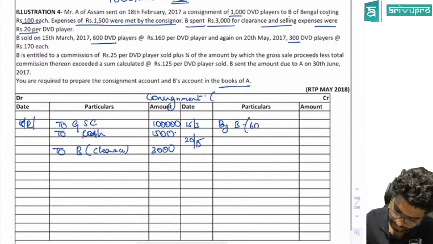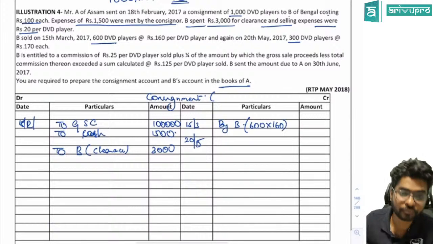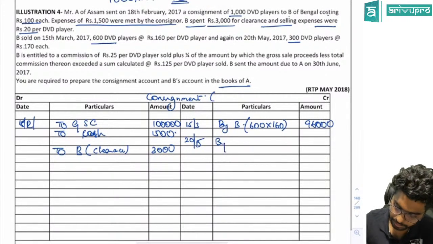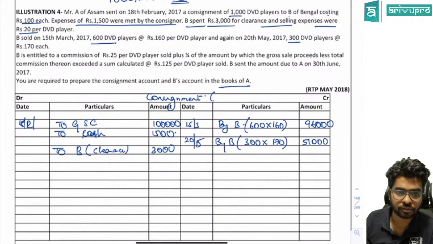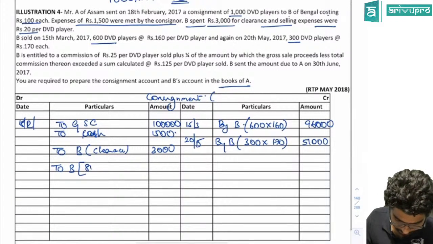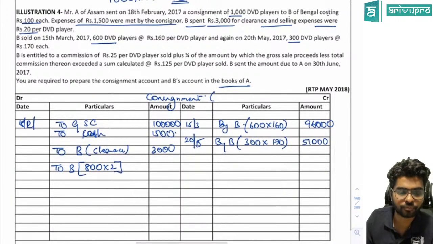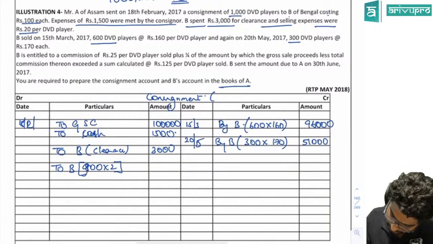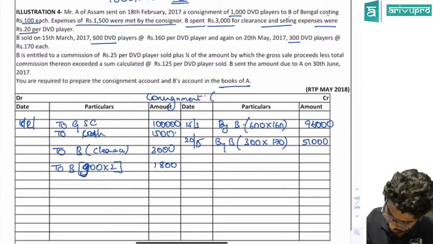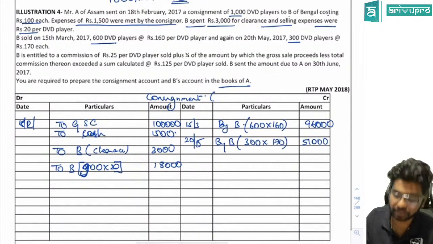By B 600 into 160, that is 96,000, and by B 300 into 170, which is 51,000. Correct? Then to B, he has sold 900 units into 20, 18,000 rupees.